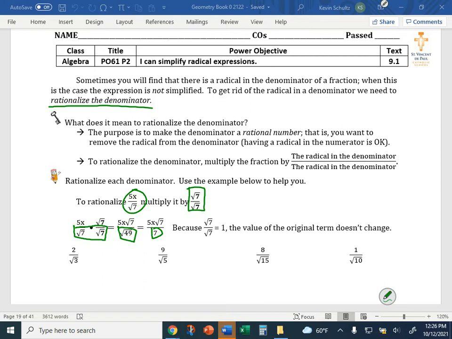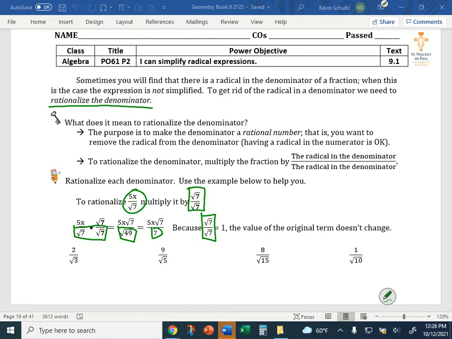The other reason why we can do this is because the value of root 7 over root 7 is 1. Anything divided by itself is 1. So are we really changing the value of our original fraction? No. Okay? We're just multiplying it by something to eliminate the irrationality of it, if that's a word, in the denominator.